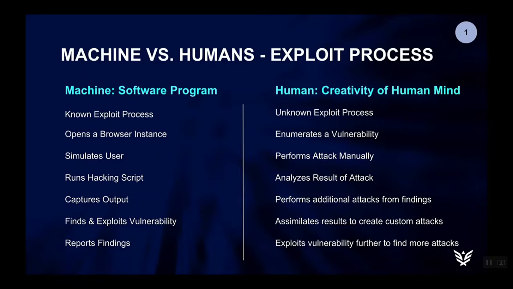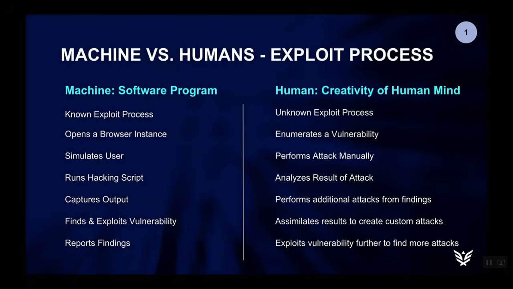Well, these tools are using known exploit processes that are already known by the attackers, the security teams, and the vendors, and sometimes all you can do is a simulation. So some tools leverage simulating a user. That tool then runs a hacking script that's built specifically to go after a set of exploits, captures the output from the script, and then finds and exploits a particular vulnerability based on the output.